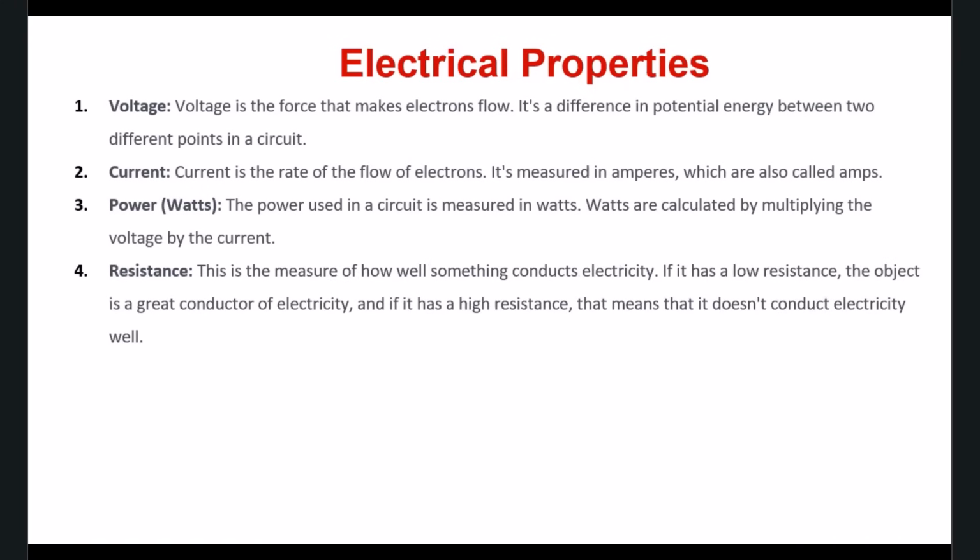And the last one, that is resistance. This is a measure of how well something conducts electricity. If it has a low resistance, the object is a great conductor of electricity, and if it has a high resistance, that means that it does not conduct electricity well.